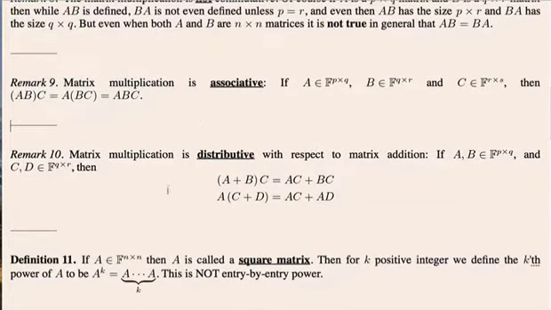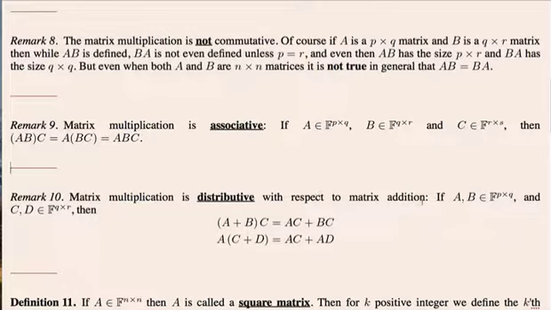Also, the matrix multiplication is distributive with respect to matrix addition. So if you have 3 matrices, or actually 4 matrices, or whatever number, the point is whether or not these operations are defined. So we have to make sure that the sizes match. Then A plus B times C is the same as A times C plus B times C. So this is like multiplying the sum from the right.